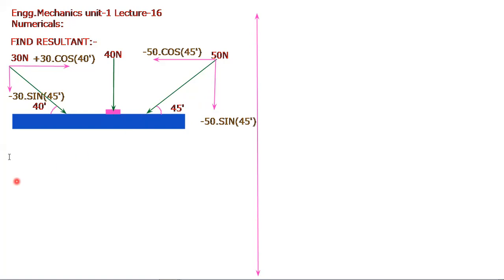And afterward you have to do the summation of fx and summation of fy, and by using this summation of fx and summation of fy, you are going to get the summation of all forces in x direction and summation of all forces in y direction, and after that you are going to get the resultant by using the formula R is equal to under root summation of fx square plus summation of fy square.